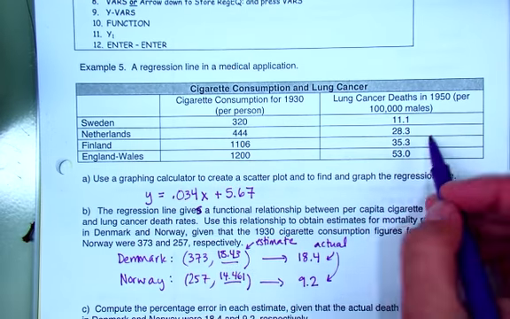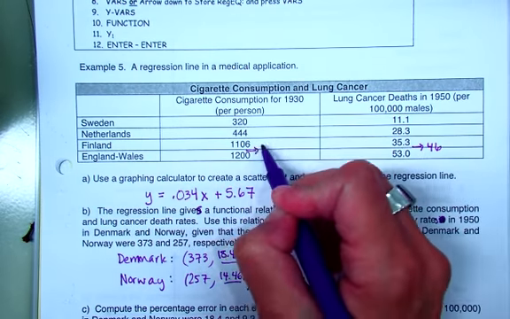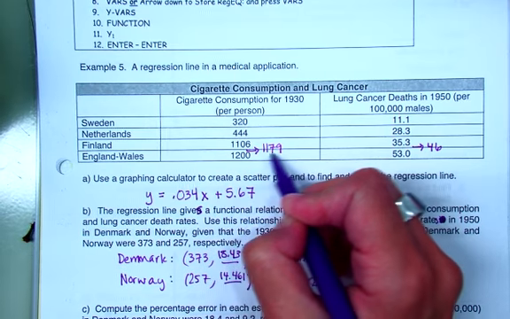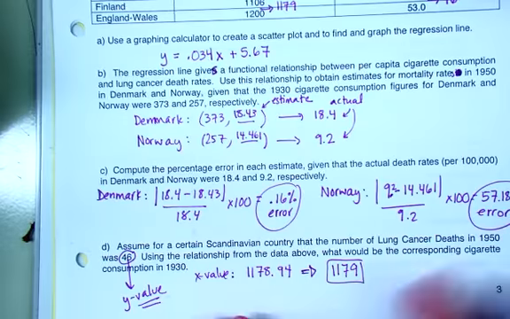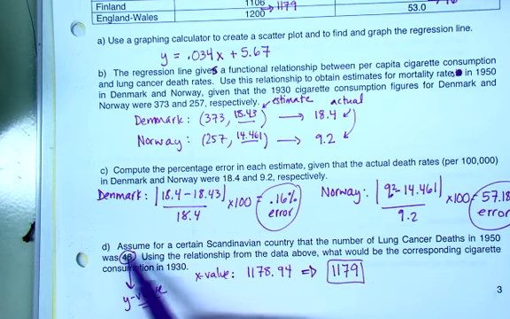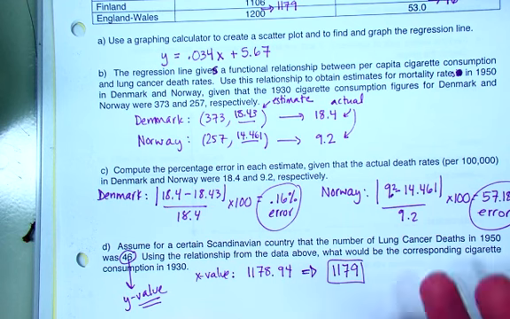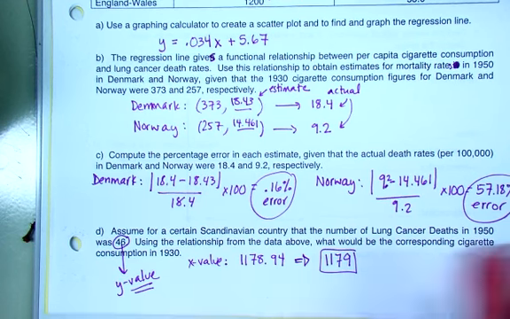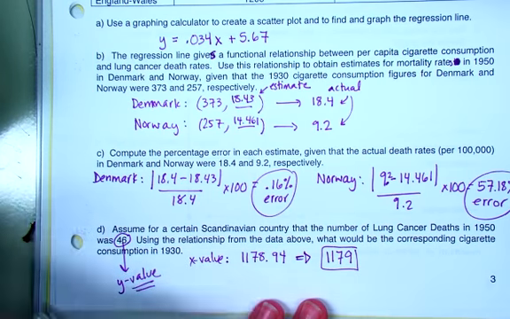If the y value was in here somewhere at 46, does it make sense that our x value would be at about 1179? Yeah, it sure does, right? So if we knew that there were 46 deaths per 100,000, they should have consumed about 1,179 cigarettes per person would be our estimate. And we would have to look at the actual data then to see the percentage error. That's it. Go do your homework.